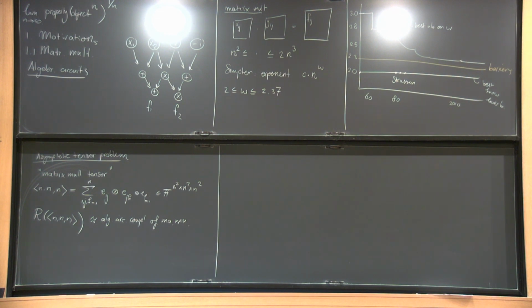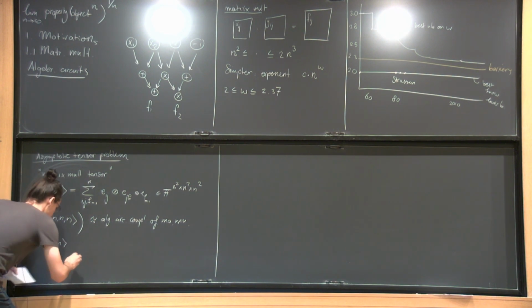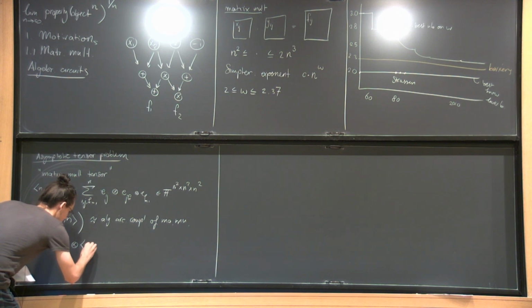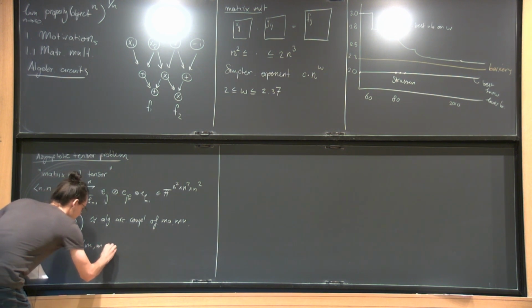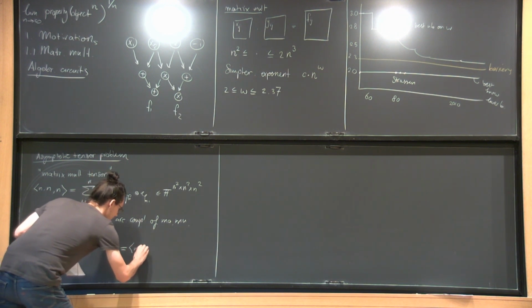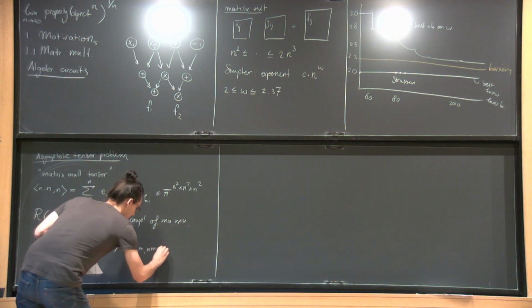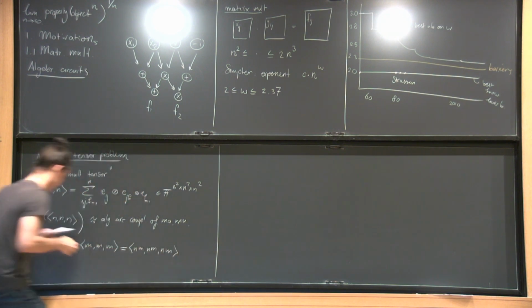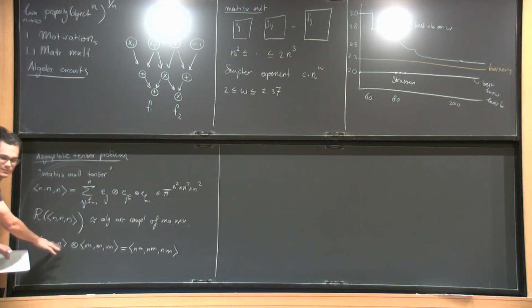And for the tensor, this means that if you take a matrix multiplication tensor, then if you tensor it with another one, maybe of a different size, then you get a bigger matrix multiplication tensor. All right. I'm going to speak more about this product later, so don't worry about that.